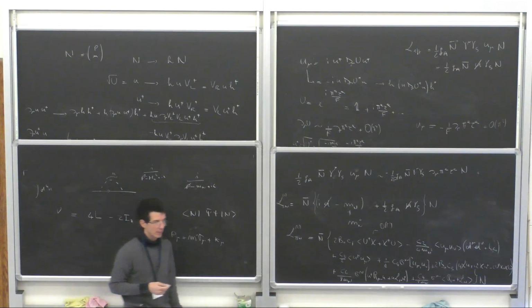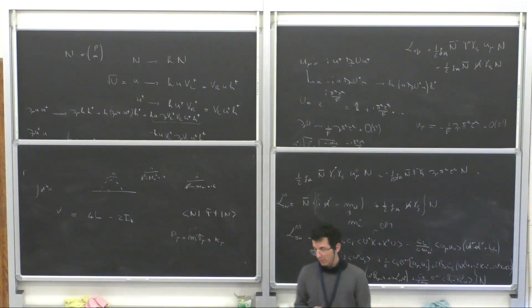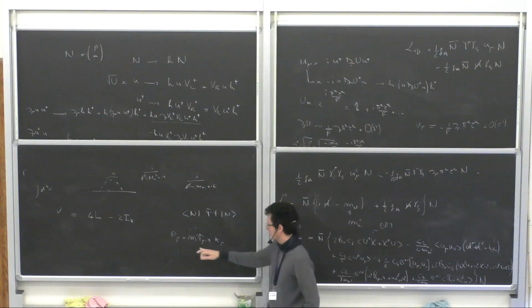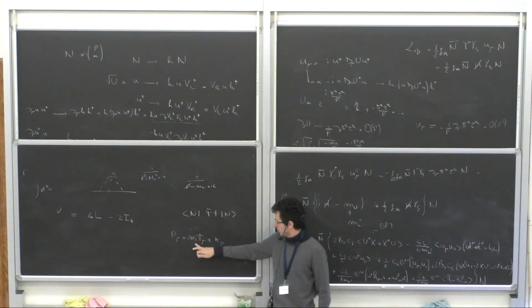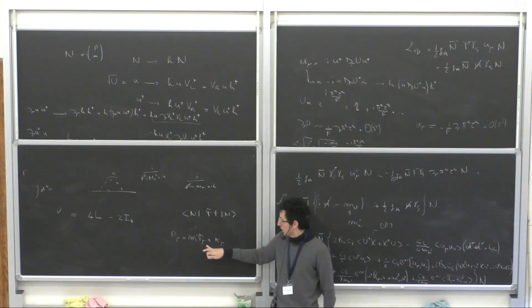I don't have time to discuss this very much. This is the so-called heavy baryon projection, and this is the four-velocity.